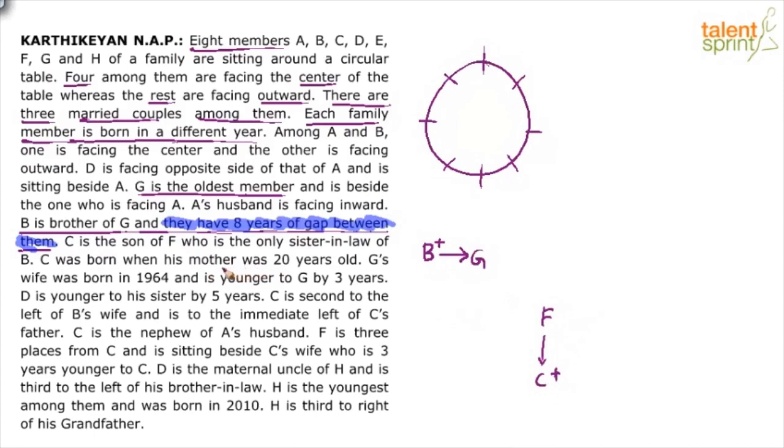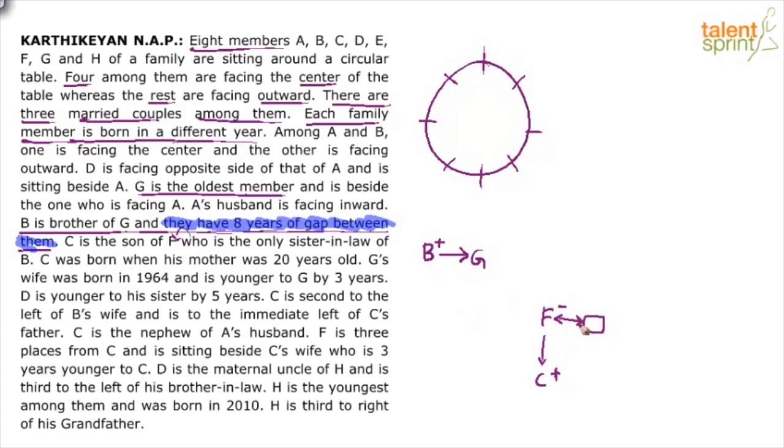What do you mean by sister-in-law? Sister-in-law is your brother's wife or your wife's sister. F is the sister-in-law of B, so F is female, of course.